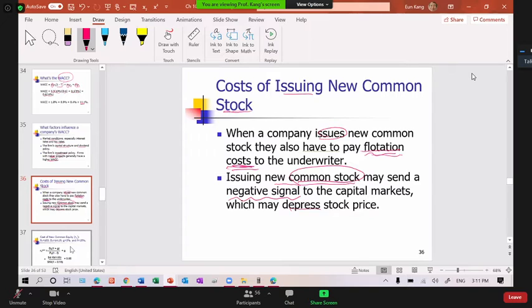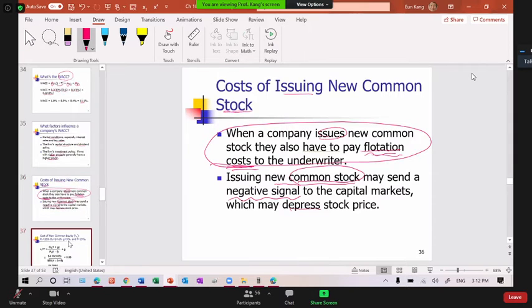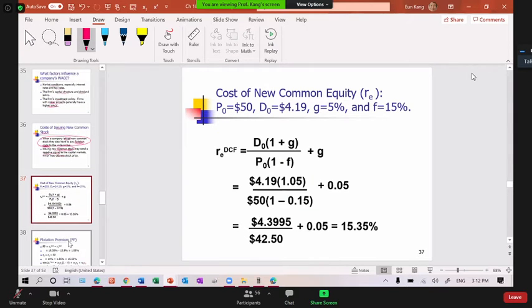So when we think about issuing new common stock, we generally only focus on flotation cost, because there is a way to incorporate flotation cost when you calculate cost of equity. Like this: the cost of new common equity, we use RE, new.